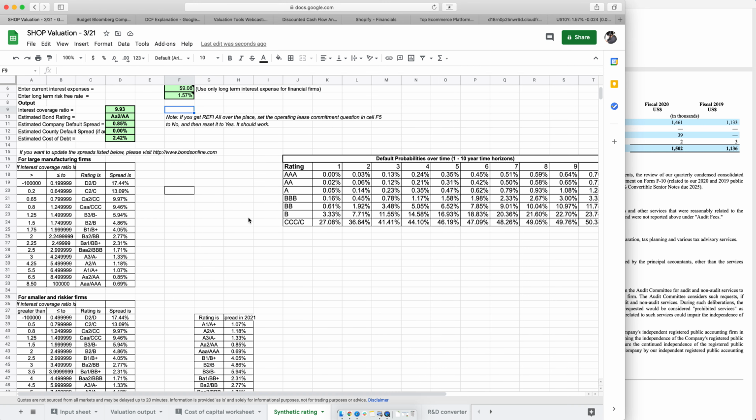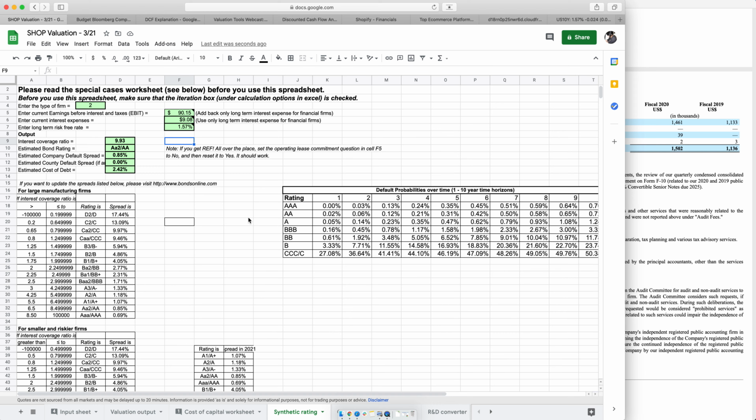If you have a really low interest coverage ratio, that's really scary. If you have an interest coverage ratio of 1, that means you make just enough to cover your interest payments, which is scary because you spend all of your money on interest payments. Depending on your ratio, if it is 1 or below, it's a really bad rating, so you're in the B, C category.